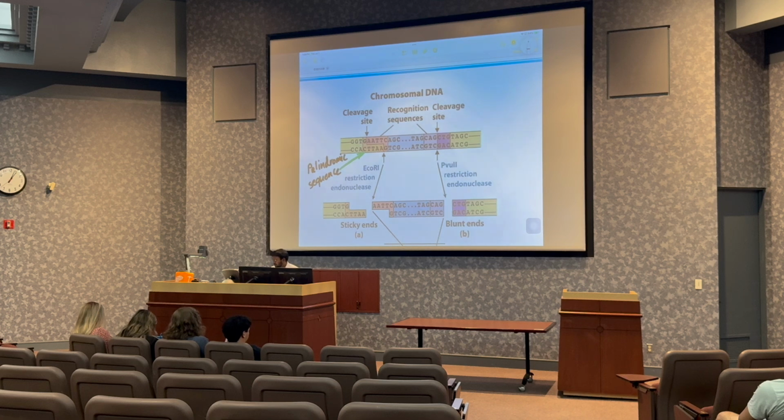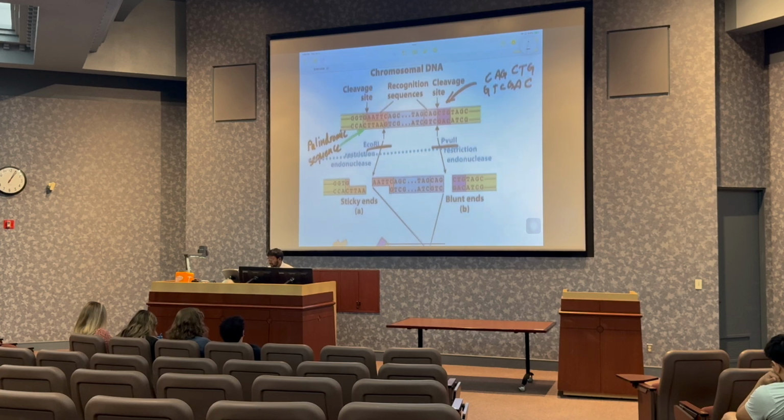You have another palindromic sequence here. Can you see that? Which is CAGCTG, CAGCTG. Now we are using two restriction endonucleases, one is EcoR1 and one is PvuII, and both are restriction endonucleases.